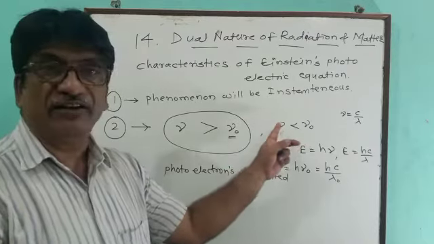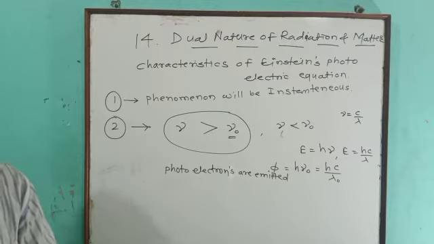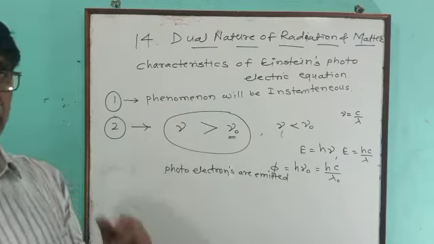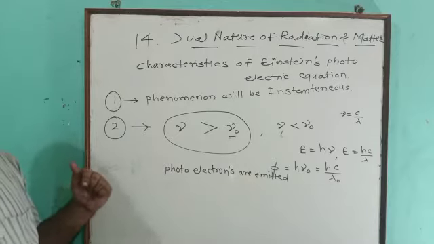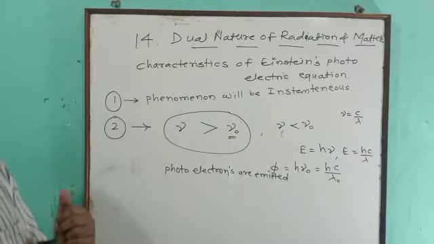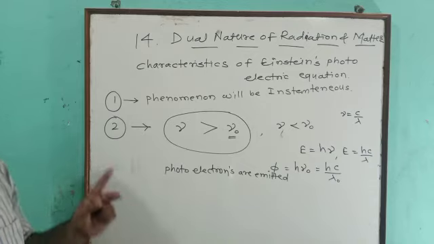When this relation holds, electrons are not emitted from the metal surface, and due to this the photoelectric current reduces to 0. There is no photoelectric emission.